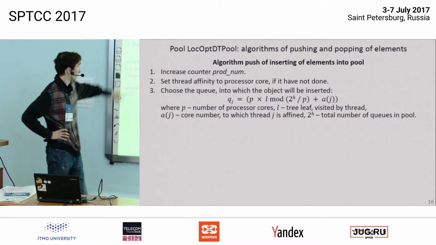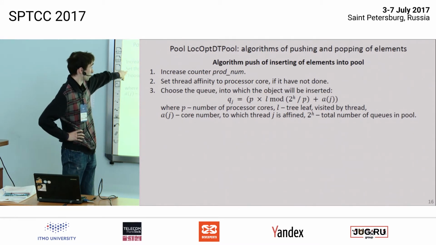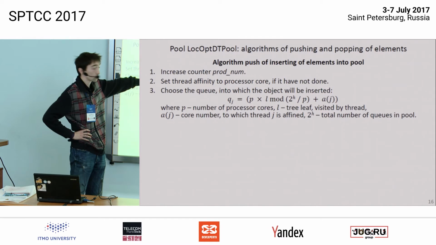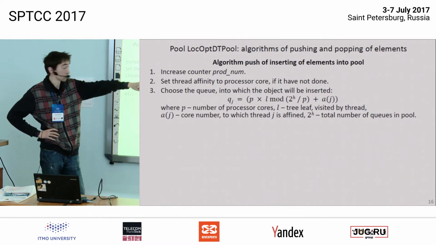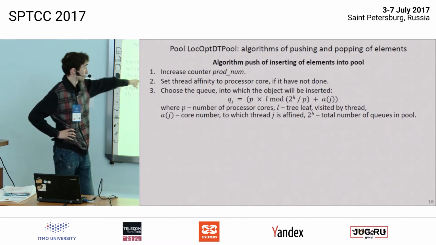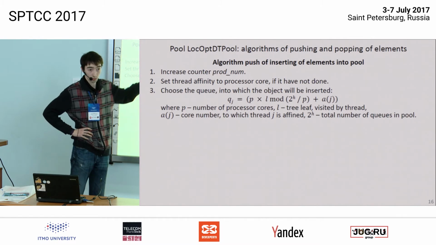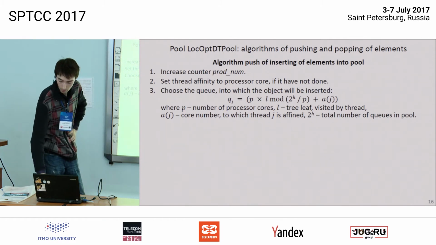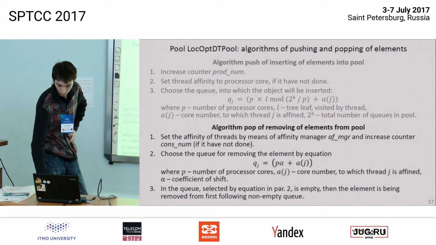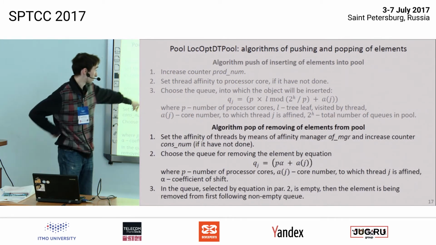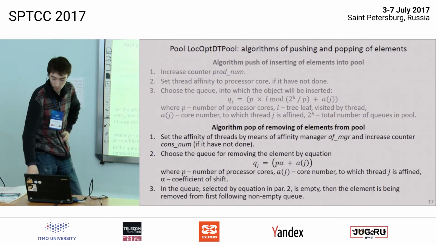First we increase the counters, then we set the affinity to the core which corresponds to some queue, and we choose the queue, pass through the tree and do the operations. The algorithm for the pop operation is similar.